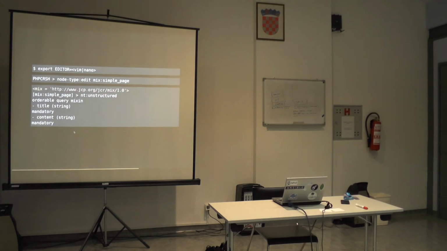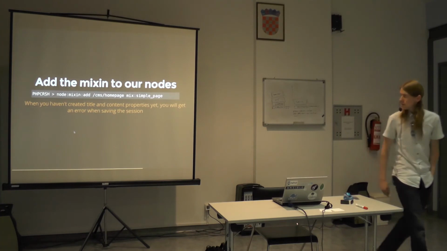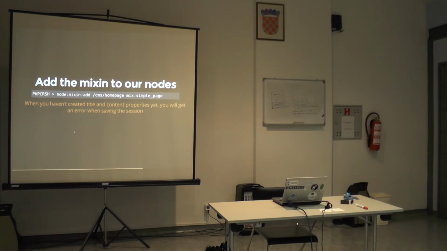Anybody still needs the screen? No? Then I'm going to toss this away. Now we need to add the mixin to our nodes themselves. There's this command. Did everybody create a title and content for all nodes you created?